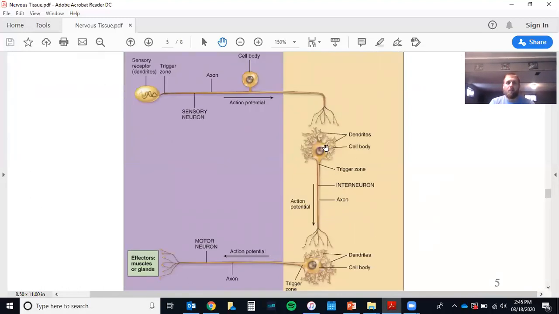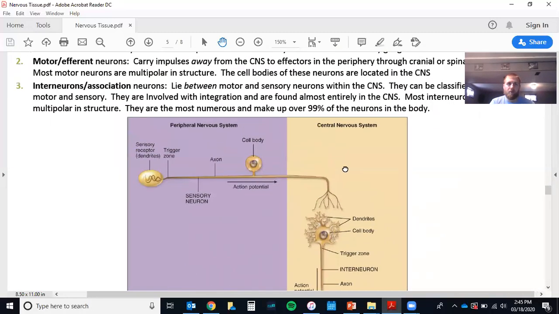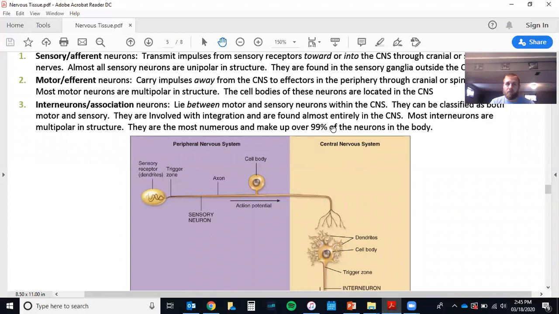I'll talk about interneurons next, which are located between the sensories and the motors. And that's why I like the term interneurons, because inter, as we know, means between. These guys are going to be strictly found inside the central nervous system, which is why they're the most numerous of our entire body. Of the neurons in our body, 99% of them are this type.